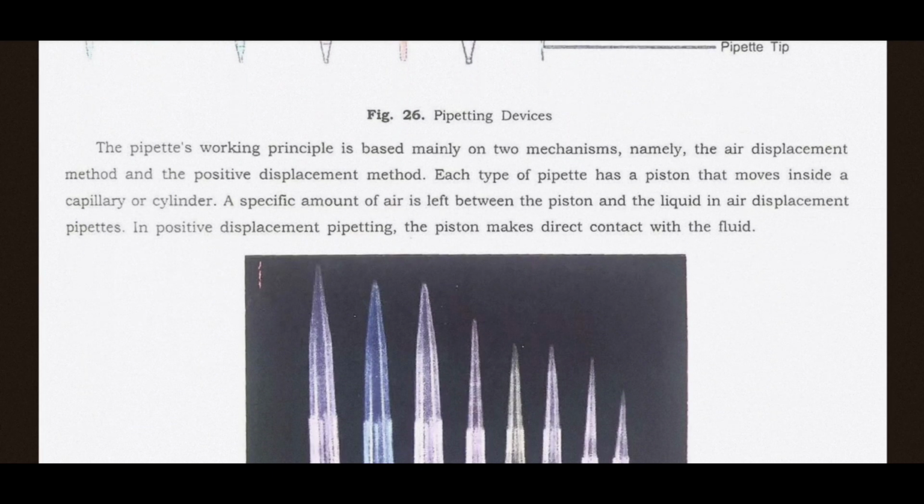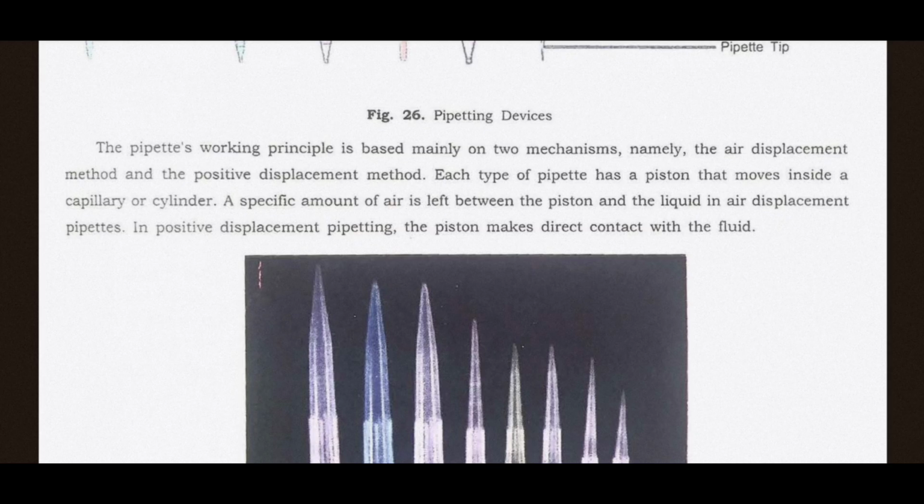Pipetting devices. The pipette's working principle is based mainly on two mechanisms, namely the air displacement method and the positive displacement method. Each type of pipette has a piston that moves inside a capillary or cylinder.